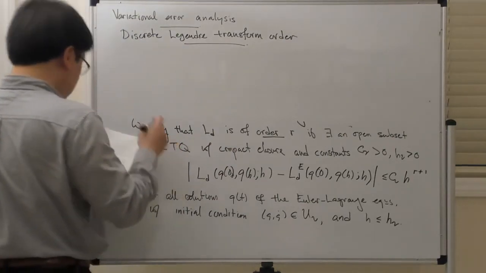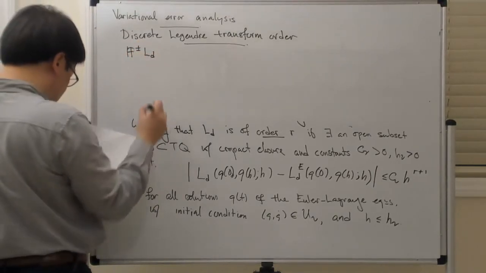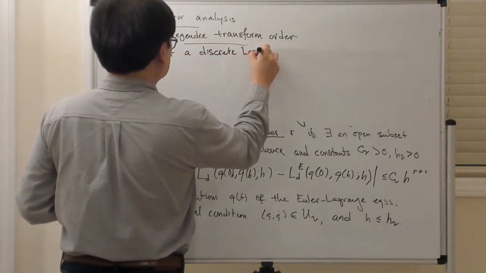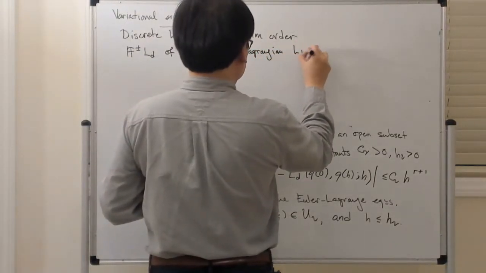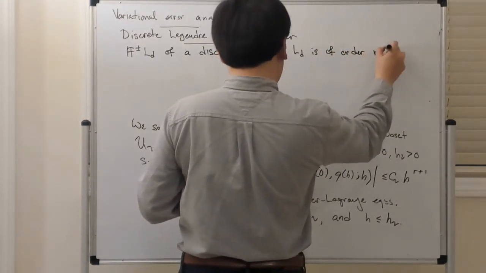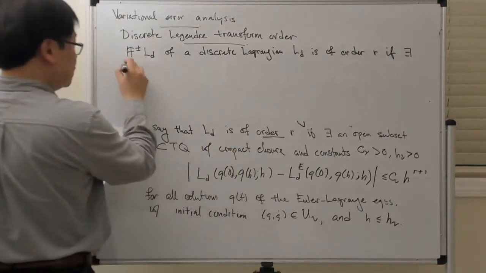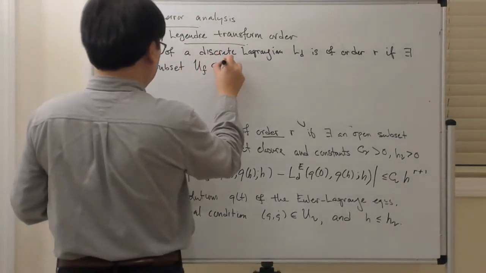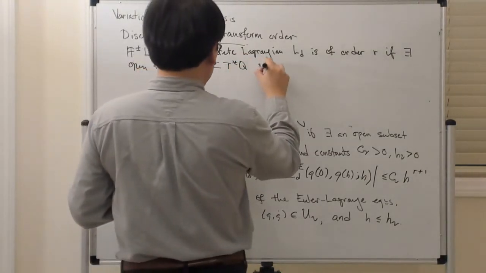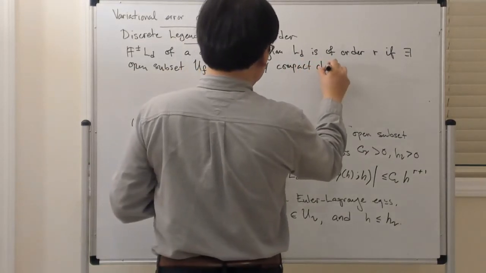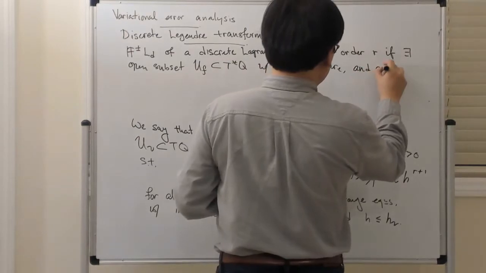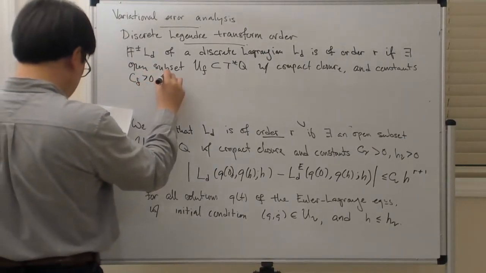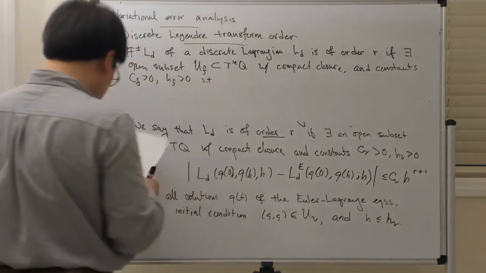So F plus minus L_D of the discrete Lagrangian L_D is of order R if, again, there exists an open set, let's call it U_F now, contained in the cotangent bundle with compact closure again, and constants C_F greater than 0 and H_F greater than 0, such that the obvious estimates hold.